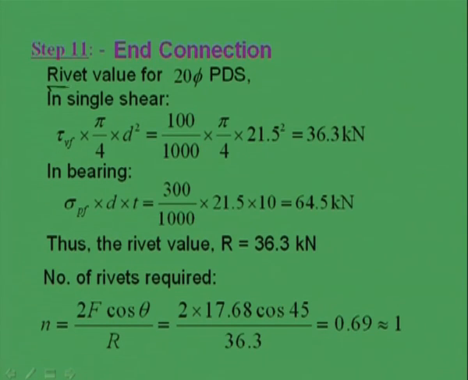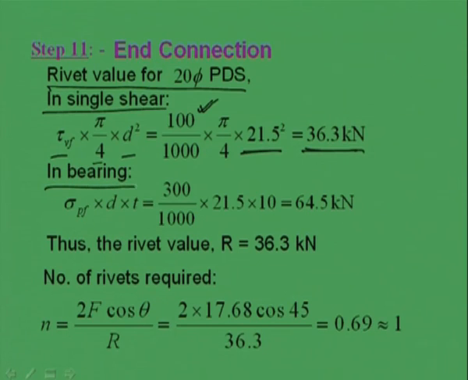So, as we have assumed the rivet diameter as 20, we can find out the rivet value for single shear as tau Vf into pi by 4 into d square. Now, tau Vf is 100, we know the allowable shear stress tau Vf is 100, right, and gross diameter is 21.5. So, we can find out the rivet value for single shear as 36.3 kN.